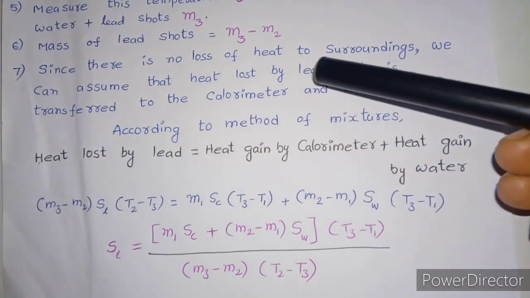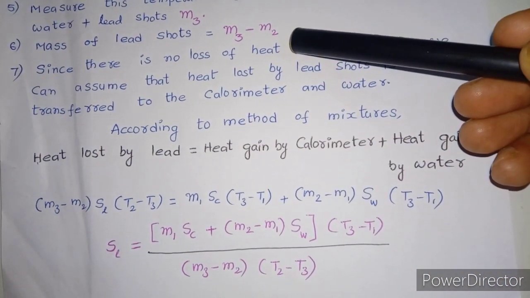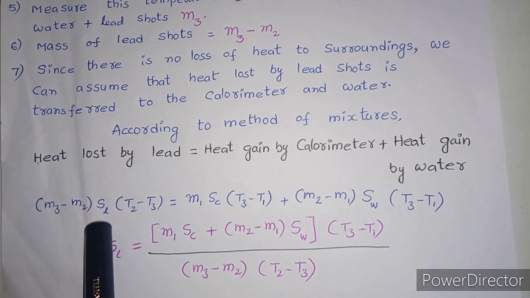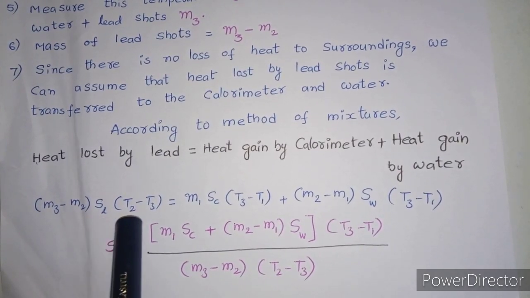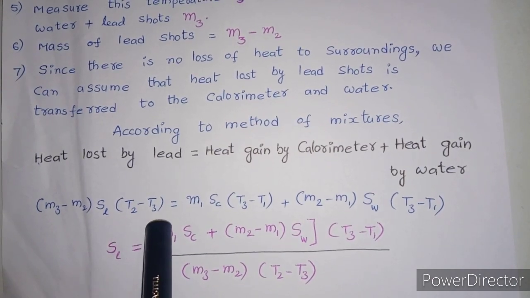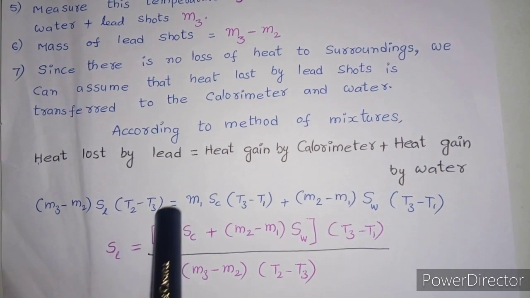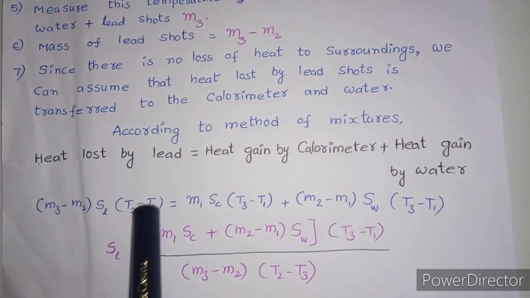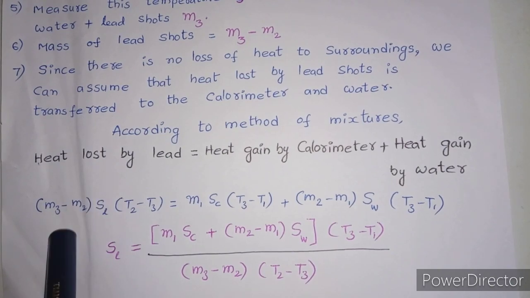So it is the mass of lead shots, M3 minus M2, multiplied by the specific heat of lead shots, that is SL, and this is the temperature difference. At first the temperature of the lead shots is T2, that is 100 degrees centigrade. After some time it has changed to T3. So T2 minus T3 is the difference in temperature. So this is the heat energy lost by the lead shots.